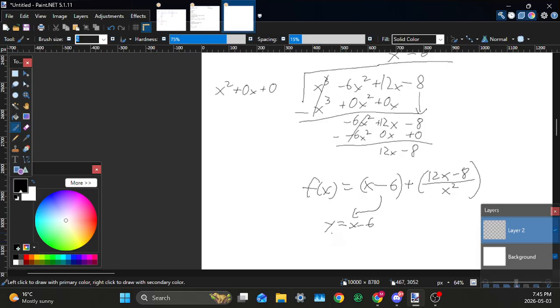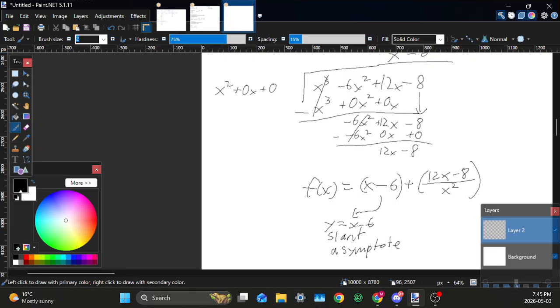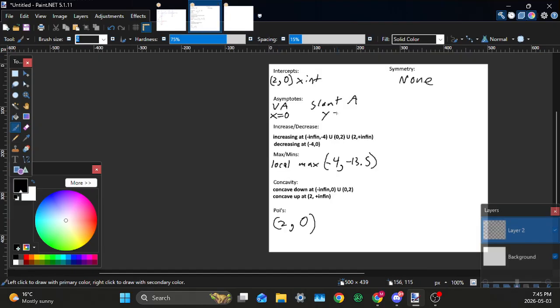This is our not a horizontal asymptote, but our slant or oblique asymptote, equals x minus 6.